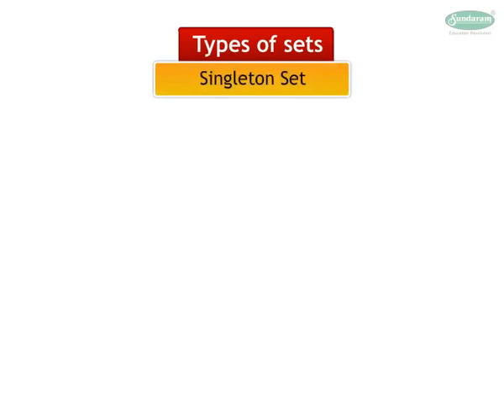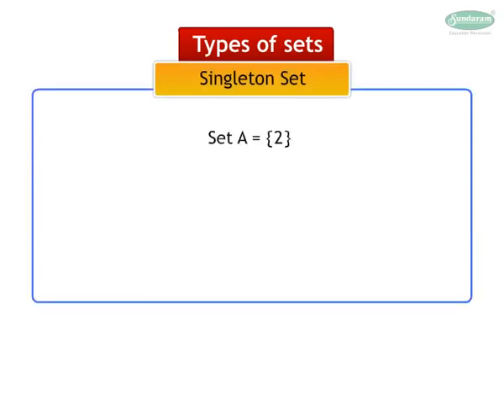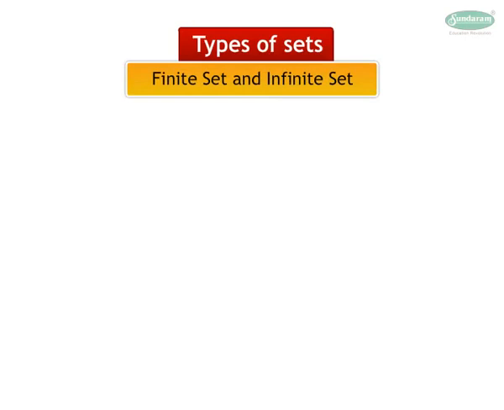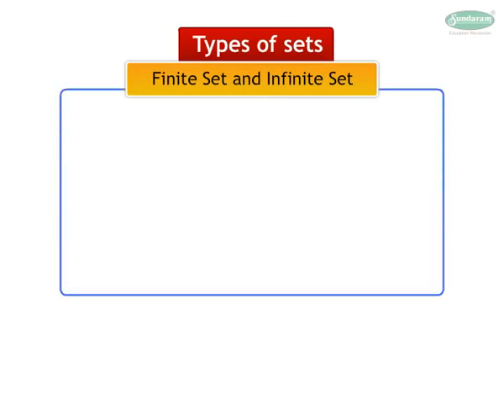Singleton set. Let us take set A, which has an element 2. Set A has one element. Such a set is called a singleton set. Finite set and infinite set. Let's examine set B, which has elements 1, 2, 3, 4, 5, 6.